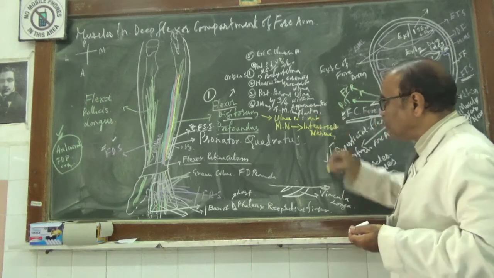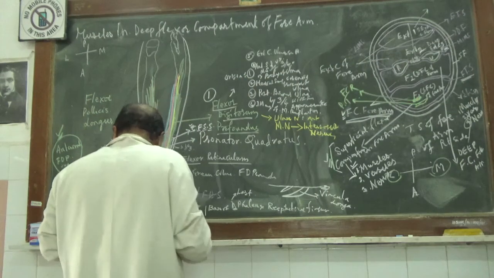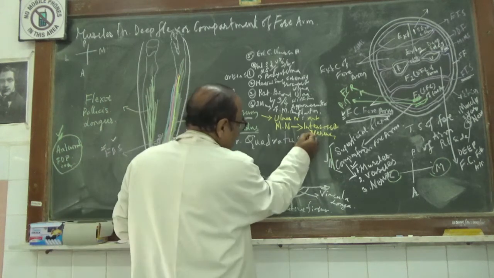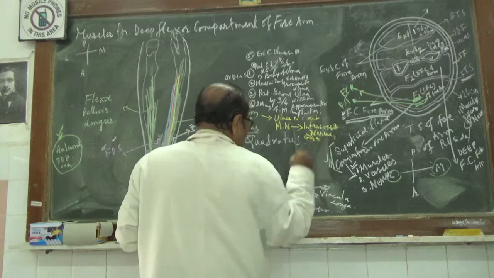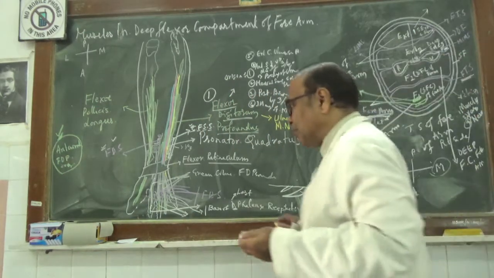The root values for this are C5, C6 and C7.